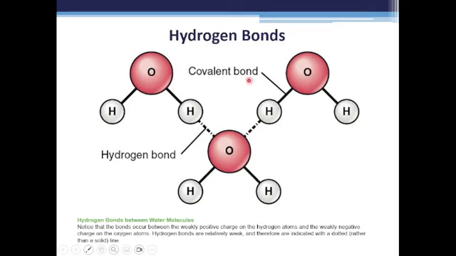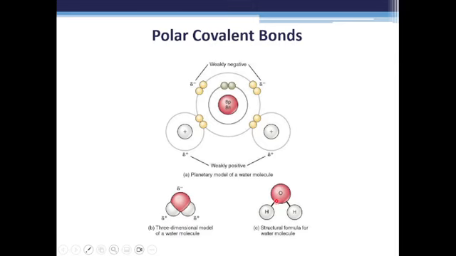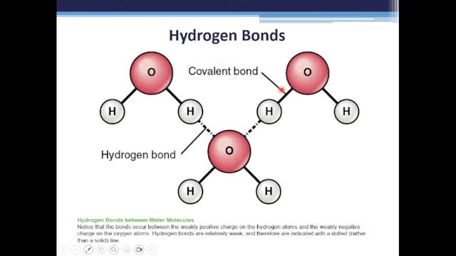So this is different. This is a water molecule. This is another water molecule. This is not a hydrogen bond because they are in a single molecule, but instead, just like what we talked about here, this is a covalent bond.